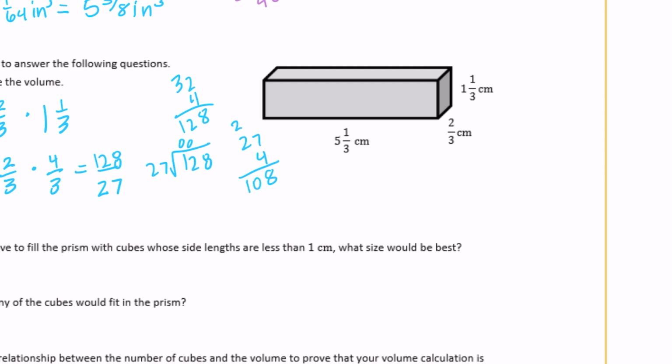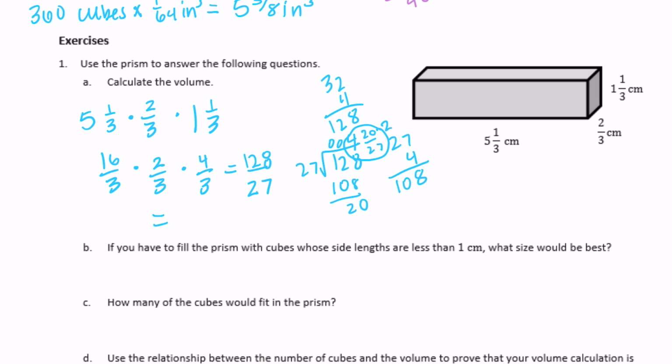So we're only 20 off. If I added another 27, it'd be too big. So it goes in 4 times, and that's 108. We get a remainder of 20. So 4 and 20/27ths, and that can't be reduced. So the volume is 4 and 20/27ths centimeters cubed.